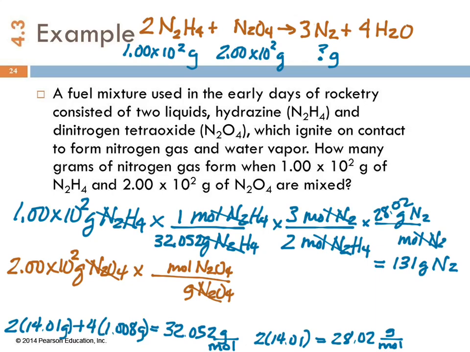So those guys cancel out. And then we'll get moles of N2 for moles of N2O4, and those guys will cancel out. And then we'll get grams of N2 per mole of N2, and those guys will cancel out.